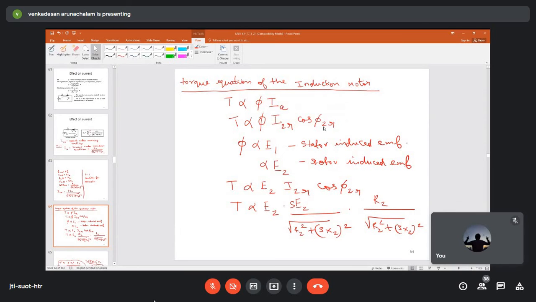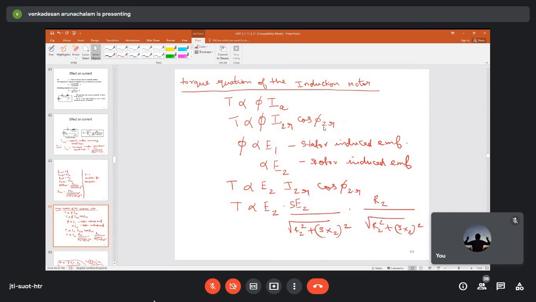But induction motor is an AC motor, so power factor will come into picture. So in the case of induction motor, we can write torque is proportional to phi into, and in the case of DC motor that is armature current, but in the case of induction motor, it is rotor current under running condition, right? And of course, it is an AC machine, so power factor also will have effect on the torque.